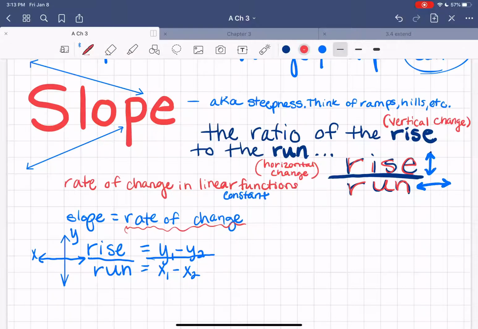And it's a little bit of a shocker, but it's actually the letter M. M is going to be slope. So your M is your slope, and you're using the same rate of change formula, okay?